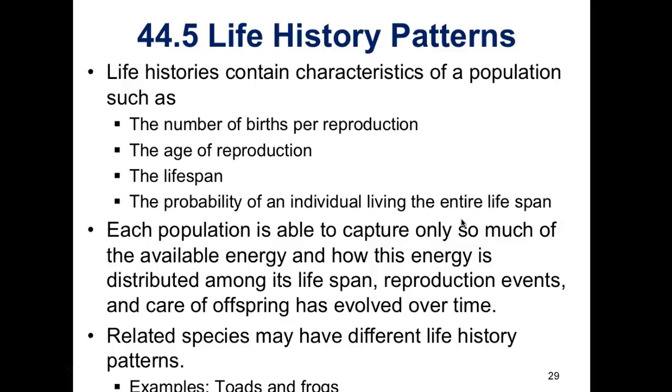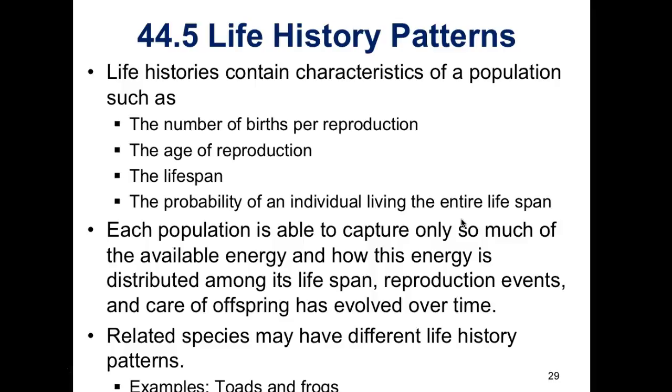Each population is able to capture only so much of the available energy, and energy is going to be distributed among its lifespan, reproductive events, and care of offspring to show how that has evolved over time.